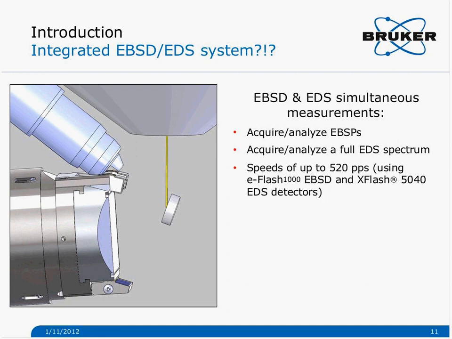What is specific to the Bruker integrated EBSD and EDS system is that nowadays you can do this at pretty high speeds, depending, of course, on the type of EBSD or EDS detectors you are using. The speed of 520 points per second has been achieved using our high-speed EBSD detector and the quad XFlash EDS detector.